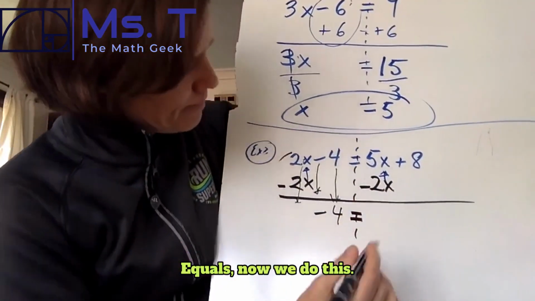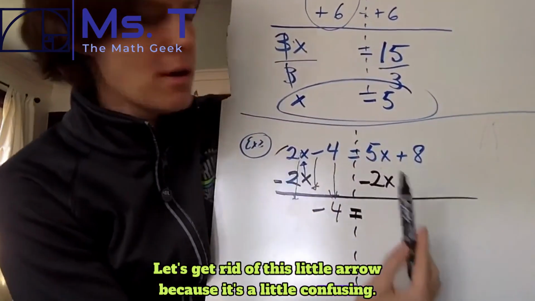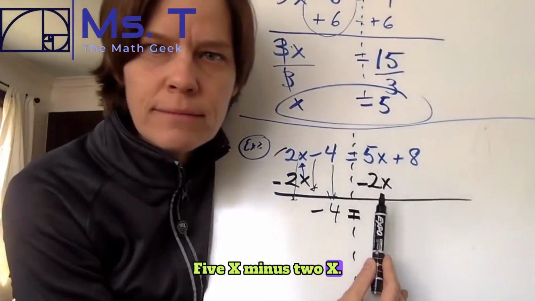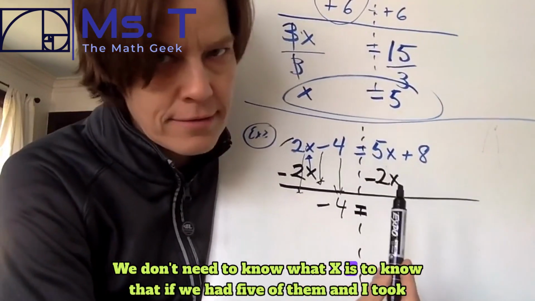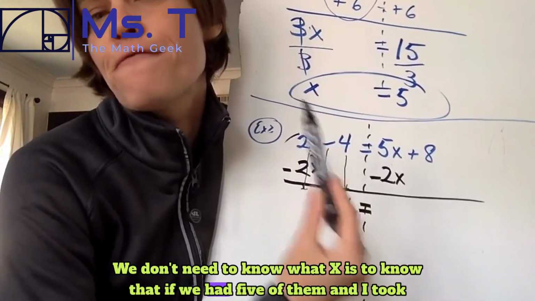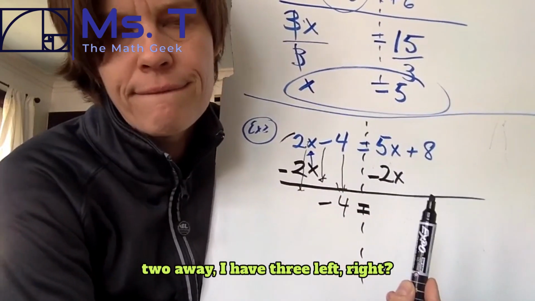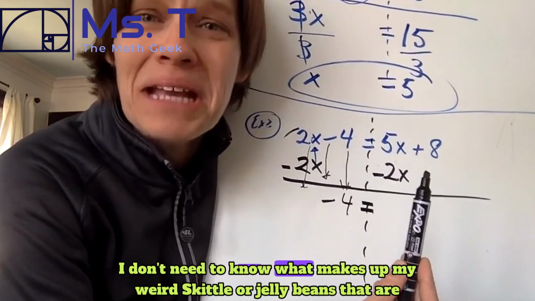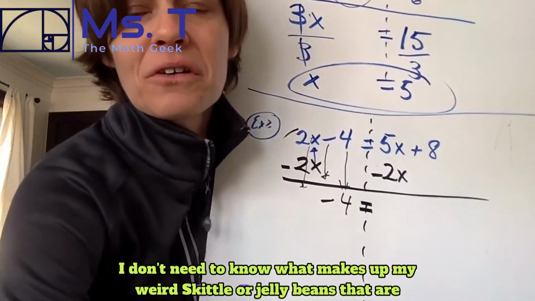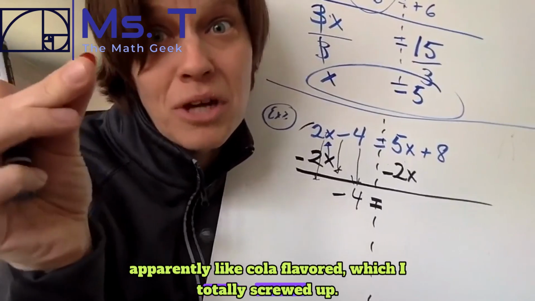equals. Now we do this. Let's get rid of this little arrow because it's a little confusing. 5x minus 2x. Okay, again, we don't need to know what x is to know that if we had 5 of them and I took 2 away, I have 3 left, right? I don't need to know what makes up my weird Skittle or jelly beans that are apparently cola flavored, which I totally screwed up.